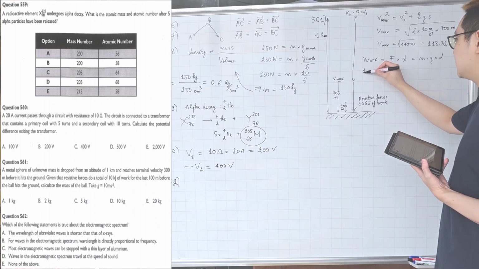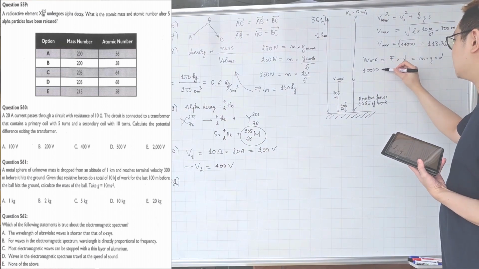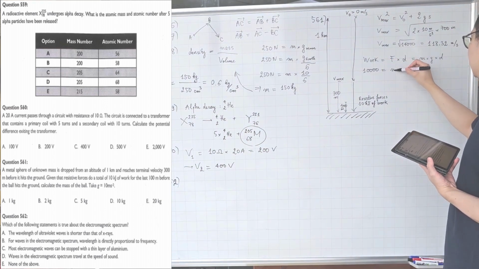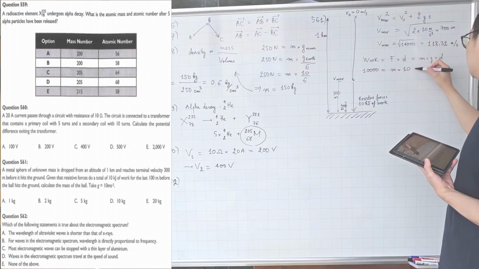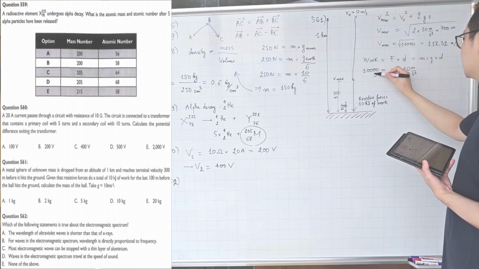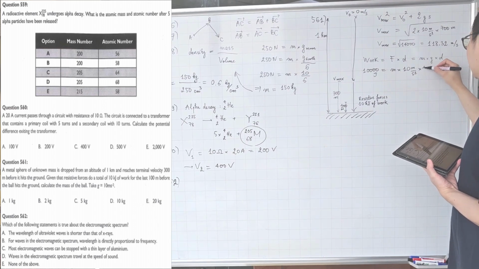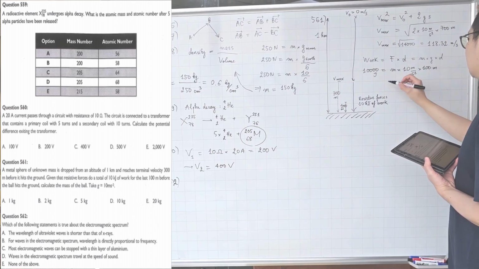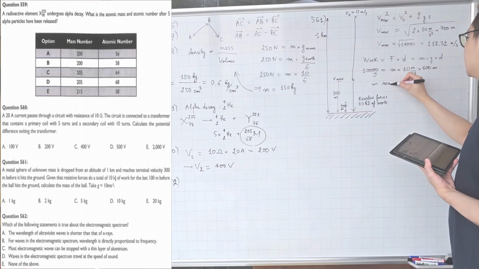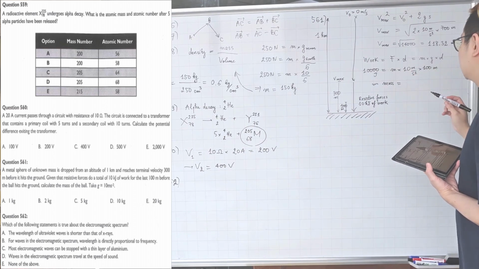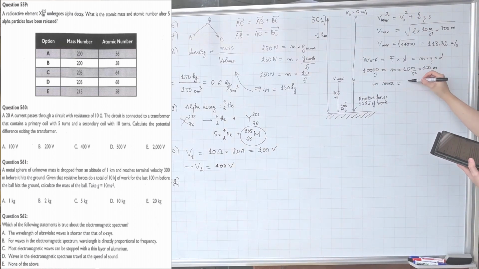So work here is 10,000 joules. Mass times 10 meters per second squared. 10,000 joules. Distance is 100 meters. So mass is 10 kilograms, right?